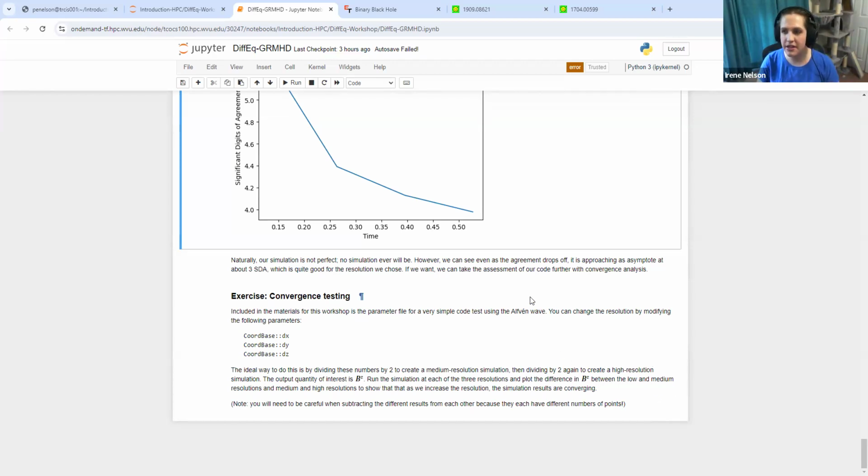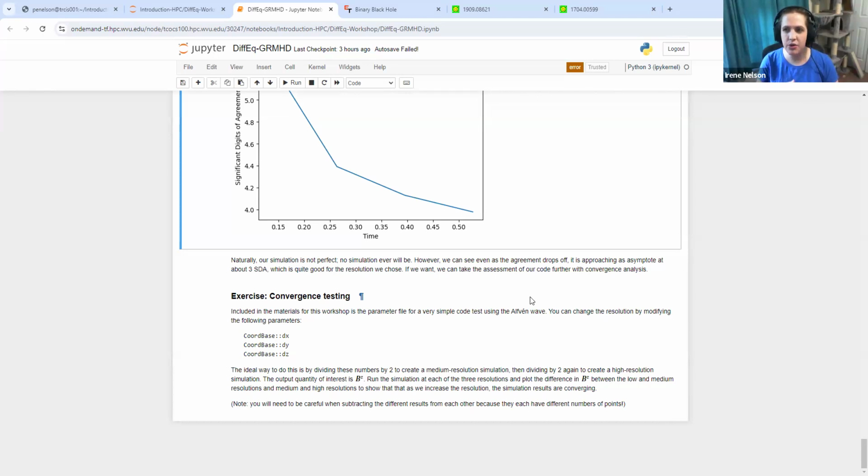And if we wanted to use that to do a convergence test, we would take that parameter file and run it at several different resolutions. Ideally, we would use resolutions that are a power of 2 from each other. So like divide by 2, then divide by 2 again in the dx, dy, and dz.